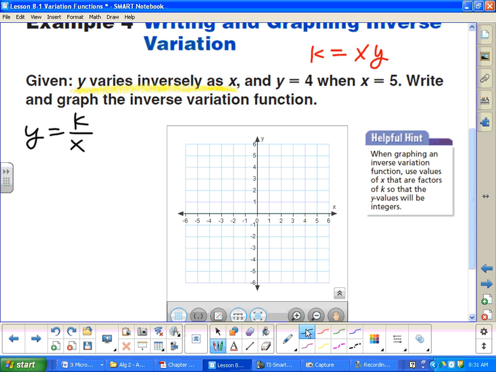So we put 4 in for y and 5 in for x, so that k is equal to 20. So my function is y equals 20 over x.